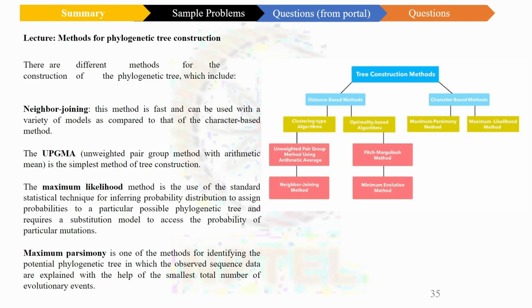So moving on to the next topic, the construction of phylogenetic trees. The first and most widely used method is the distance-based methods, which involve calculation of a distance matrix.